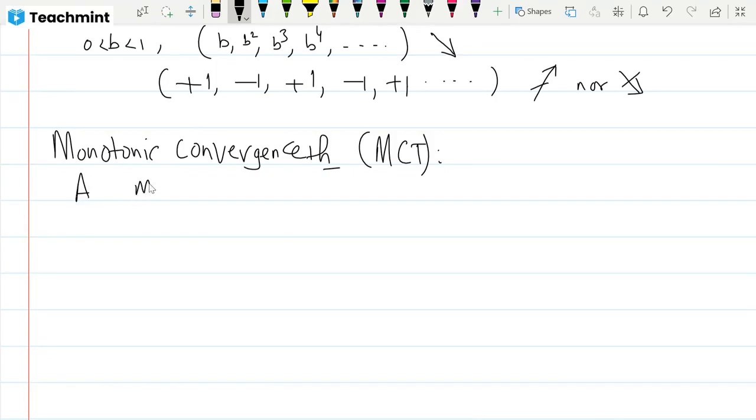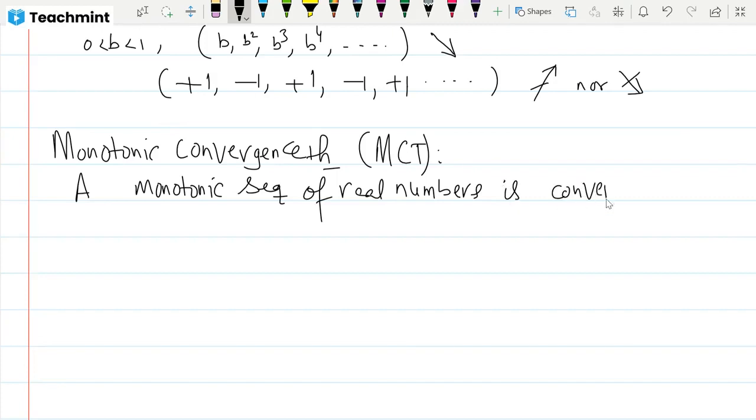A monotonic sequence means either an increasing or a decreasing sequence. A monotonic sequence of real numbers is convergent if and only if it is a bounded sequence. If and only if it is bounded.